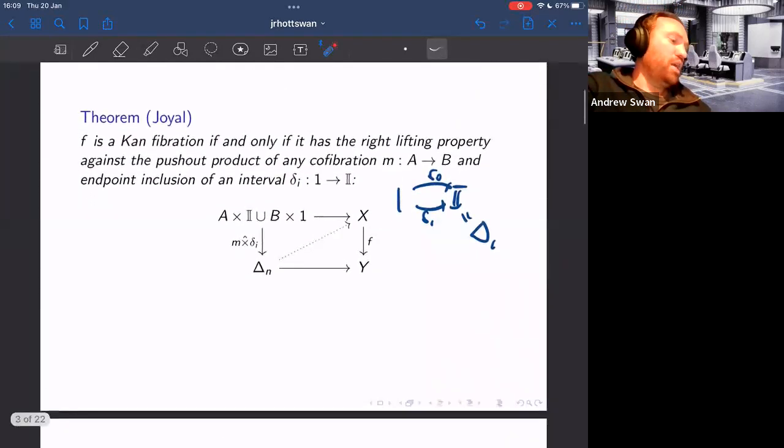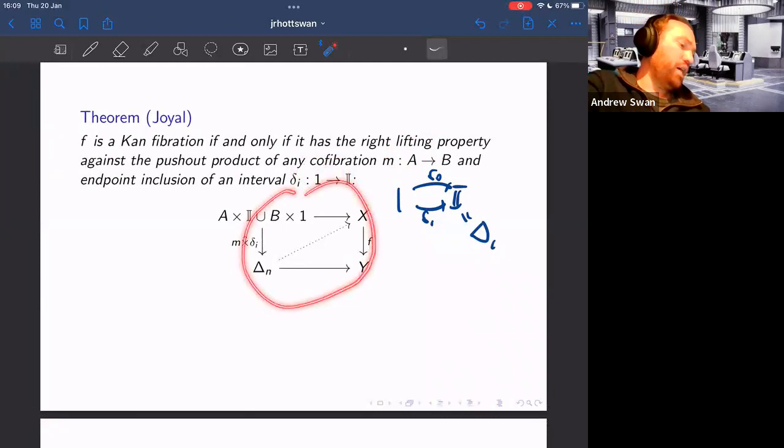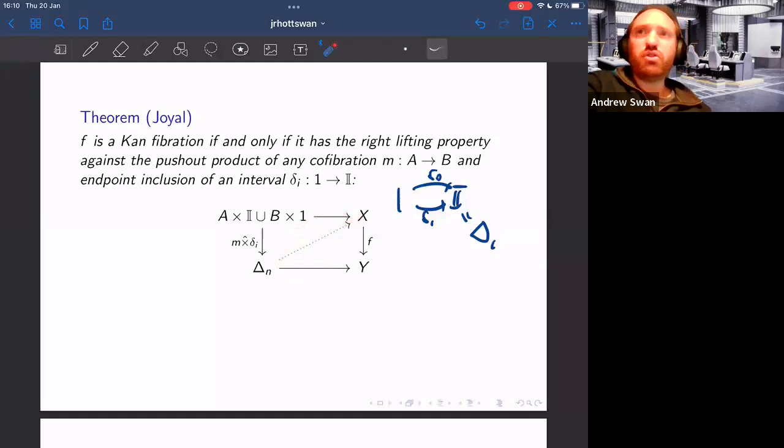And similarly, we can treat this definition here also as structure. So we can say that it's a choice. For every cofibration, for each of the two endpoint inclusions, and for every commutative square, we have a choice of diagonal filler, making two commutative triangles, and there's also a kind of coherence condition as well that I won't go into.